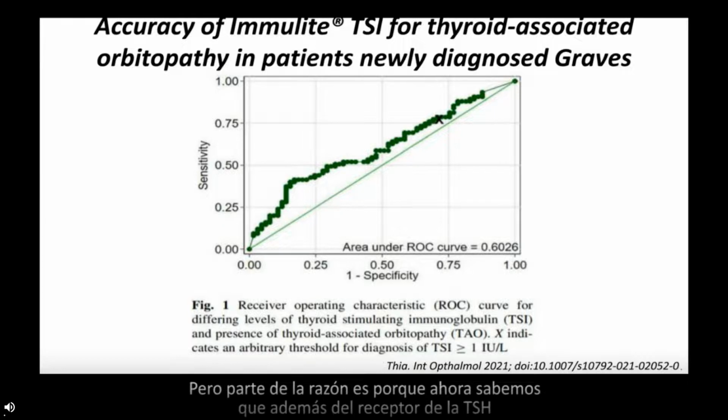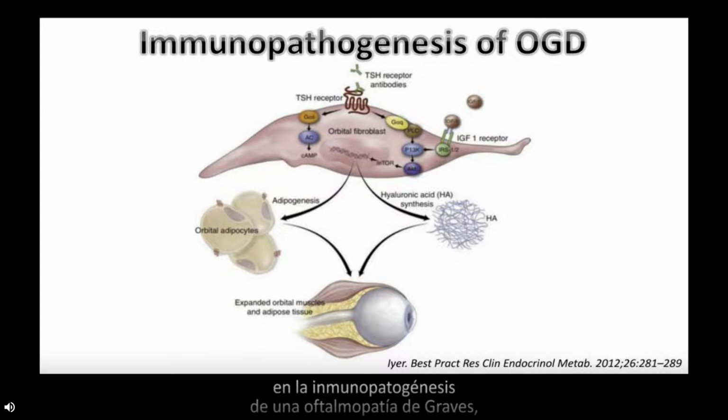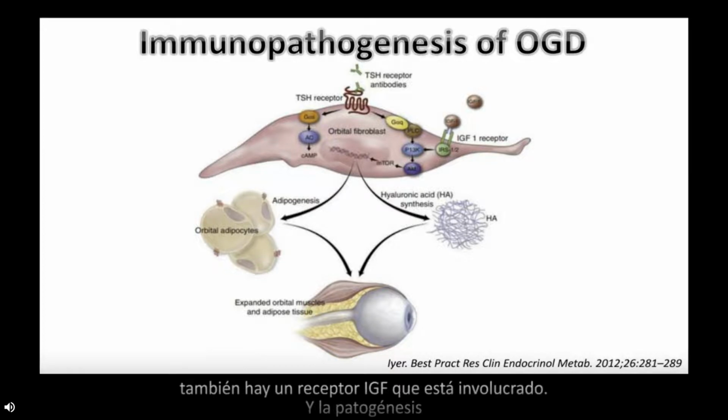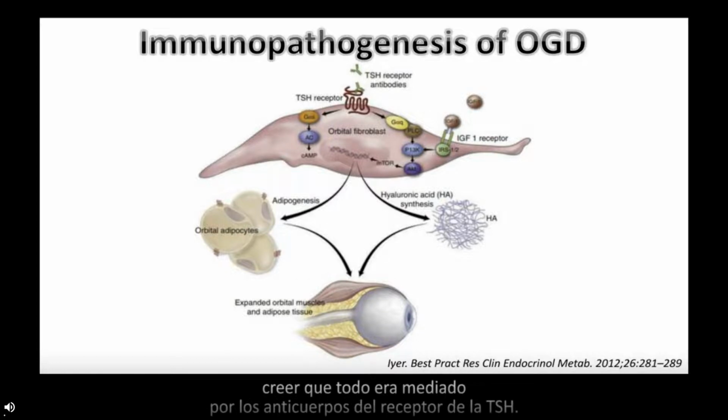But part of the reason is because we now know that besides the TSH receptor in the immunopathogenesis of ophthalmic Graves, there's also an IGF-1 receptor that's involved, and the pathogenesis of ophthalmic Graves' disease is a bit more complicated than what we used to believe, that all of it was mediated by the TSH receptor antibodies.